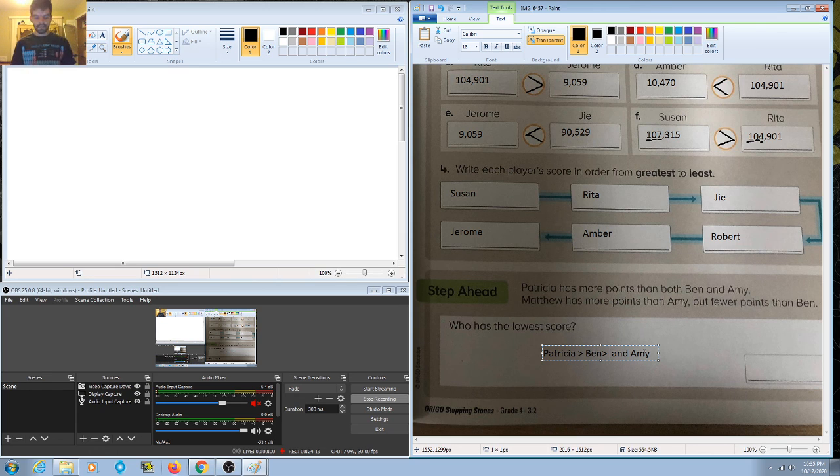So that allows me to put Matthew in the middle between Ben and Amy. The reason for that is originally I didn't know Ben and Amy's scores in comparison, but Matthew's score being less than Ben's but more than Amy's tells me that he's in the middle of those two.